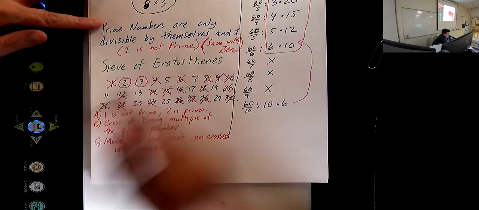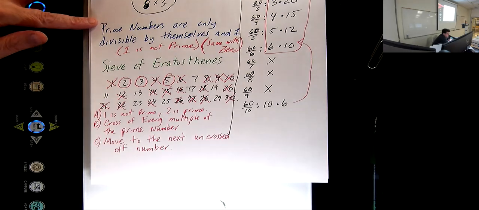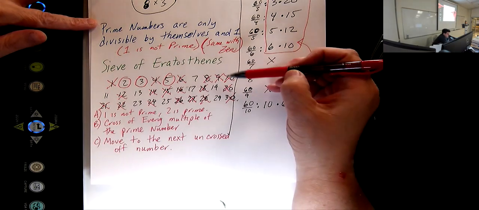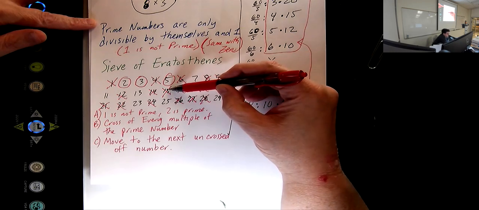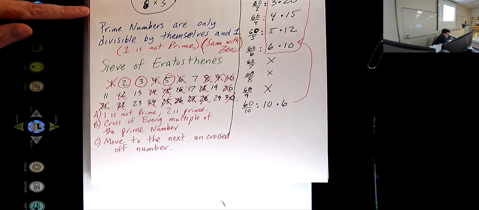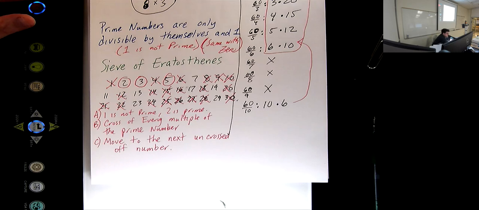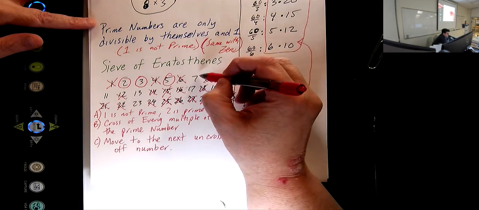Then we move on to the next prime, which is 5. Cross off all multiples of 5. 10, 20, and 30 are already crossed off. 15 is crossed off. 25 needs to be crossed off though. And at this point, we already have all the prime numbers available.